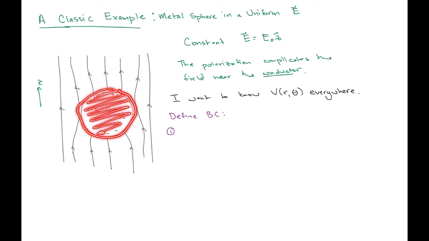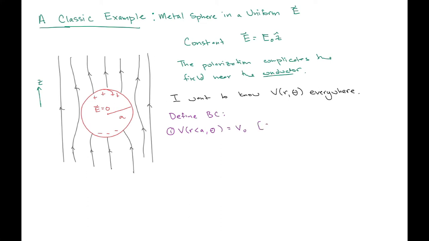If you remember, the electric field is the gradient, or the rate of change, of the potential. So if there is no rate of change, that tells you the potential has to be constant inside the conductor. So our first boundary condition is that the potential for r less than a, which is the radius of our conductor, is constant, and we'll call that V naught.